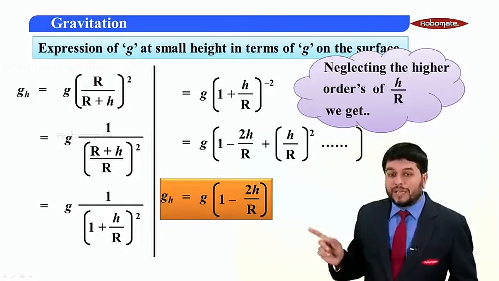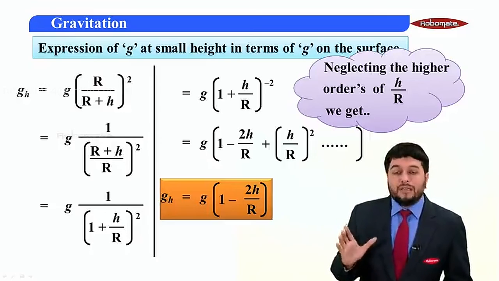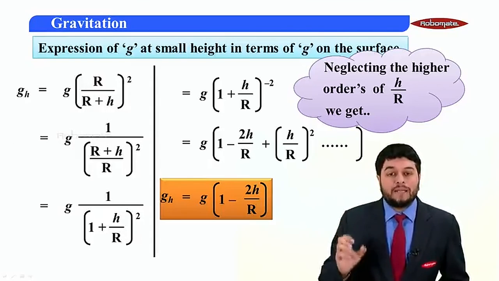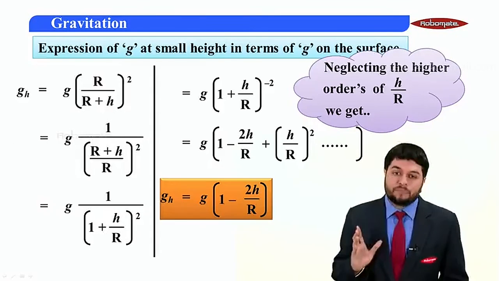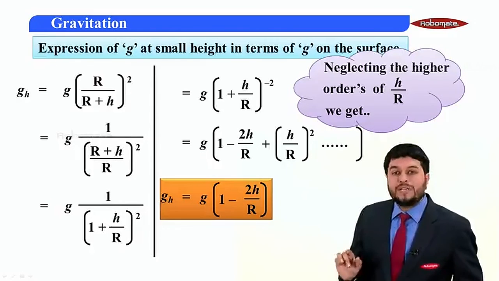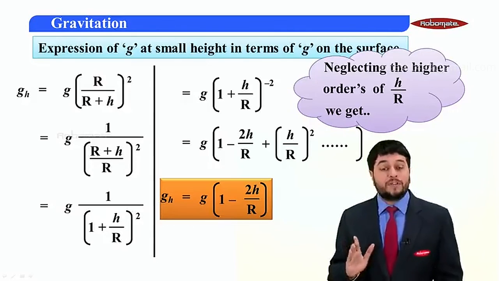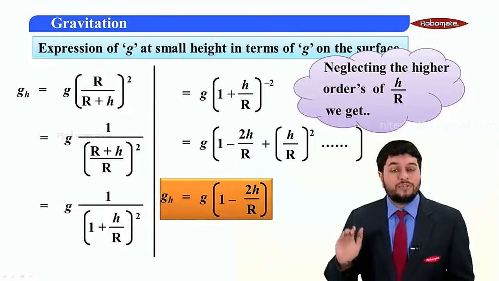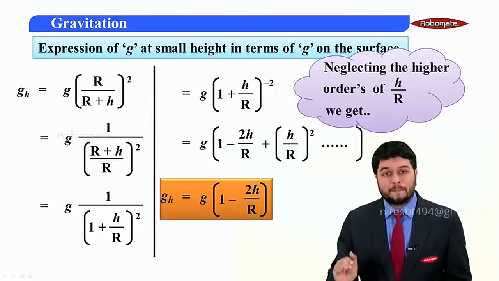That is, gh is equal to g (1 minus 2h by R), where h is a very small height, R is the radius of the earth, small g is the acceleration due to gravity on the surface, and gh is the acceleration due to gravity at that smaller height. Clear?